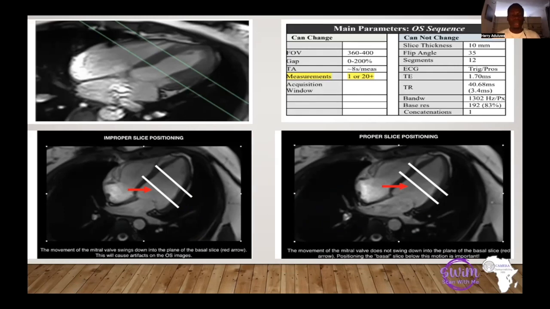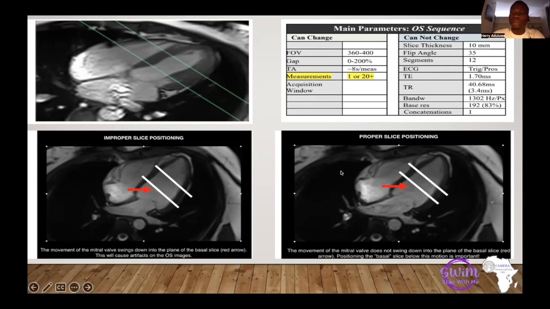Okay, good. Let me just conclude with this, because when you are planning your hyperventilation sequence, this is the planning. You will see here the mitral valve connecting the left ventricle and the right ventricle. You don't plan across the mitral valve because the valve is always opening and flipping, and that flipping causes motion. This sequence is motion sensitive.